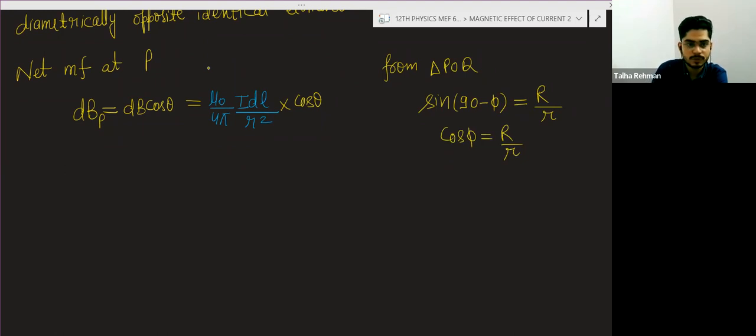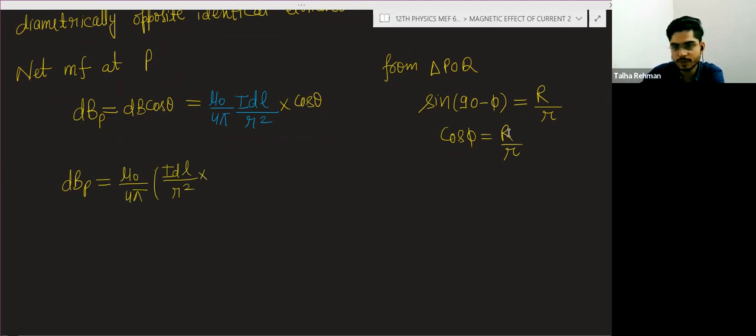So your magnetic field at point P will be mu naught divided by 4 pi. This will be I into dl divided by r square. So instead of this cos theta, I will put capital R by small r.